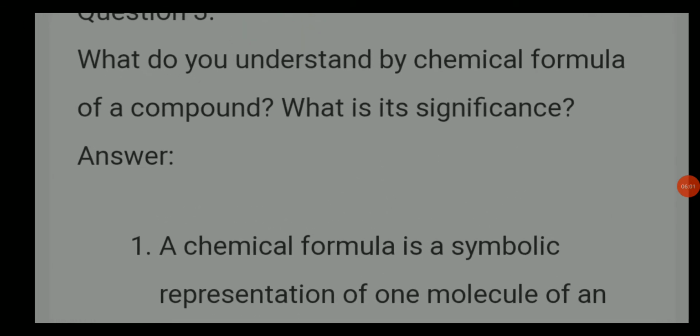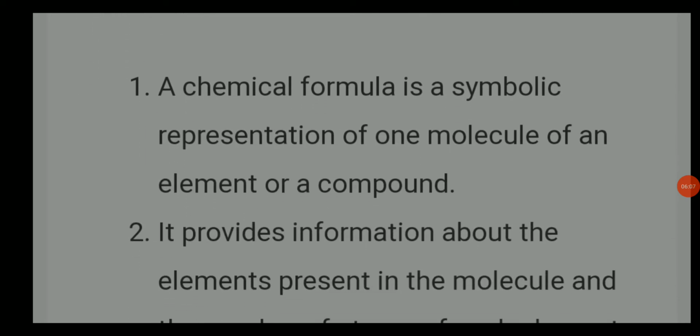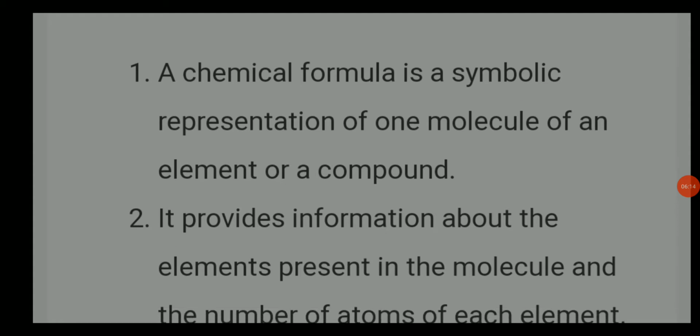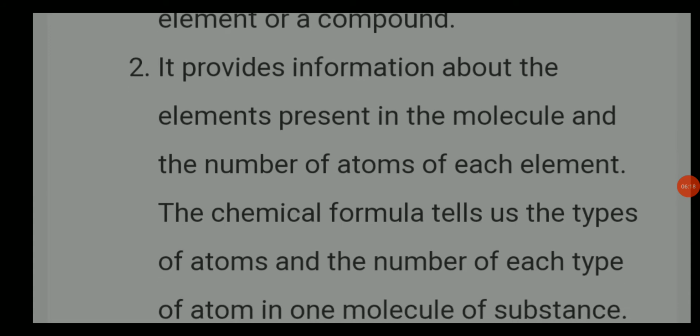Third one, what do you understand by the chemical formula of a compound? Write its significance. First point, a chemical formula is a symbolic representation of one molecule of an element or compound. Second point, it provides information about the elements present in the molecule and the number of atoms of each element.